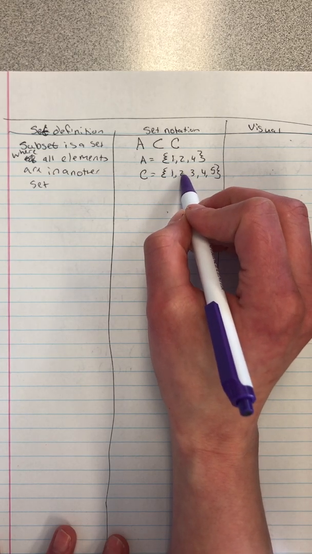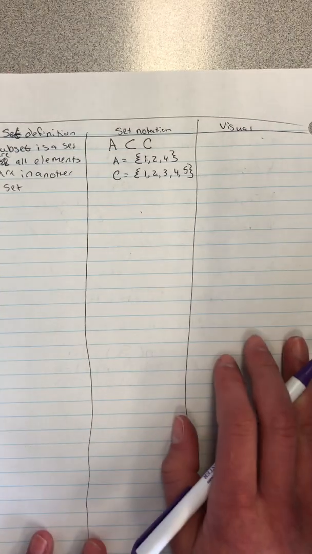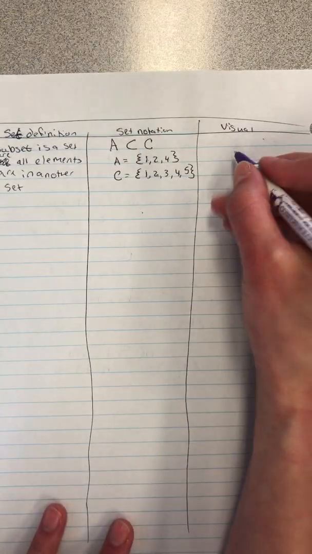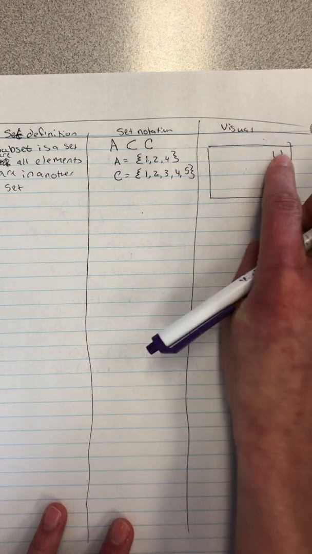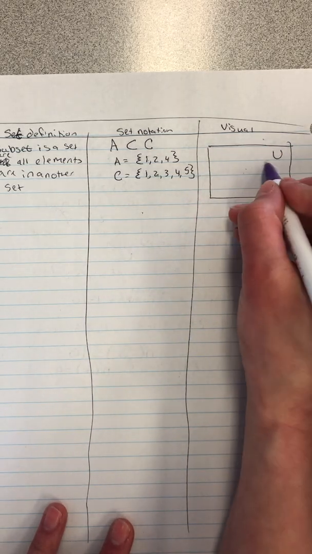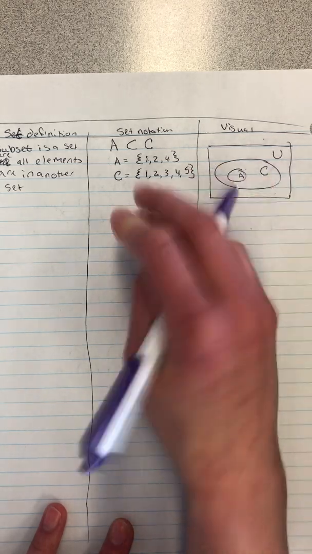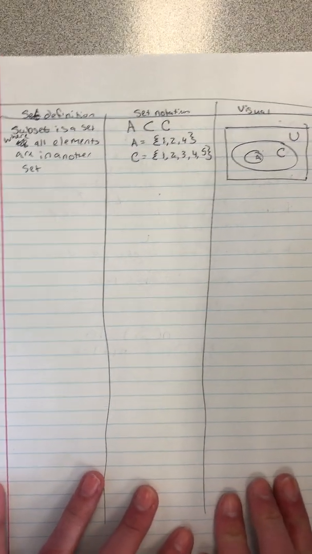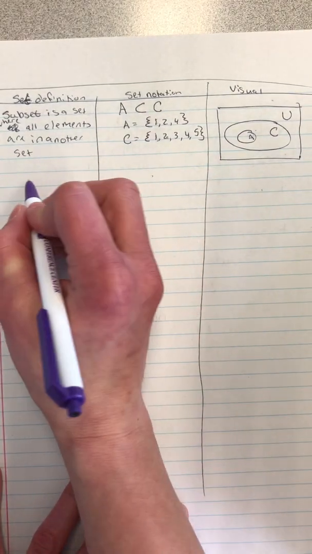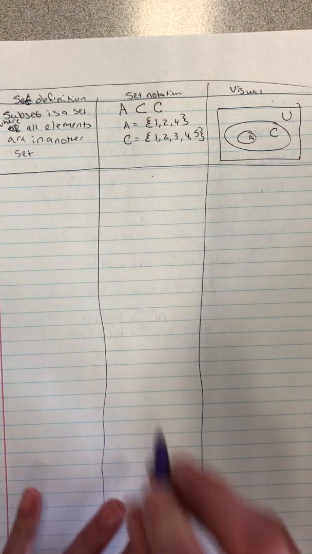A has a 2 and C has a 2. And A has a 4 and C has a 4. So it is a subset of C. Here's our visual. Now everything falls under a universal set. We have set C, and set A is completely inside of C.